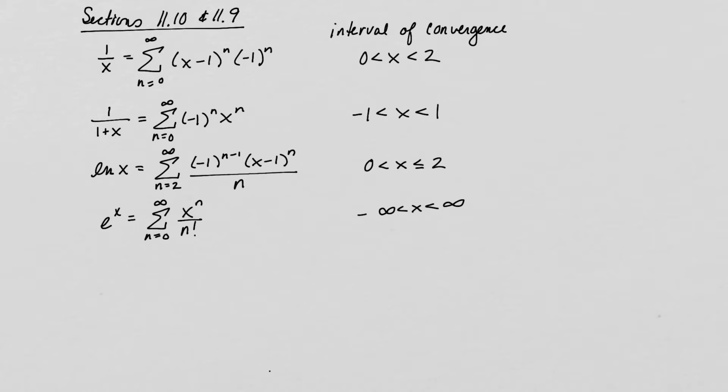Just like the sine of x is equal to the summation n equals 0 to infinity of negative 1 to the n, x to the 2n plus 1 over (2n plus 1) factorial. The interval of convergence there is also minus infinity to infinity.